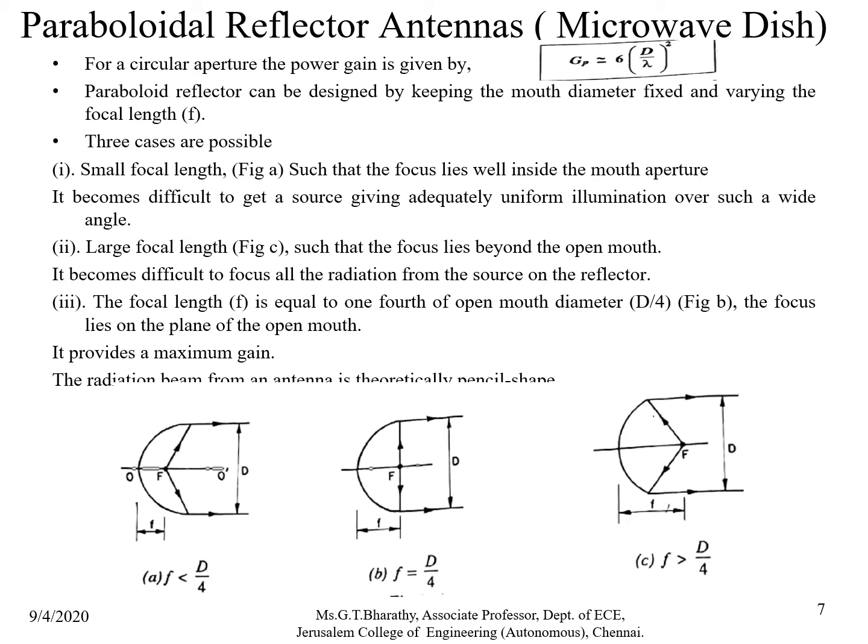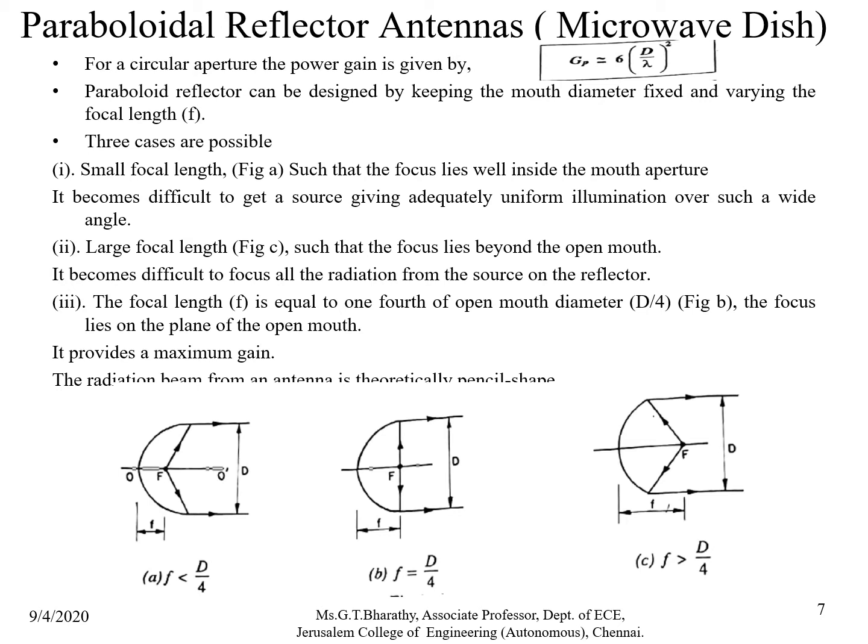The third case is the focal length equal to 1/4 of the open mouth diameter, that is F is equal to D by 4, shown in diagram B. This construction will give the maximum gain.